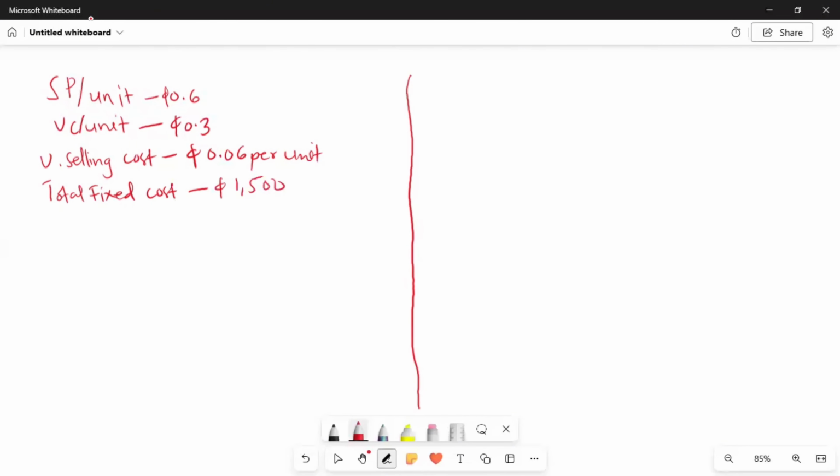So let's start with A, break even in units. To find the break even in units, using the contribution approach, the formula is total fixed cost divided by the contribution per unit. We don't have the contribution per unit yet, so let's find our contribution per unit.